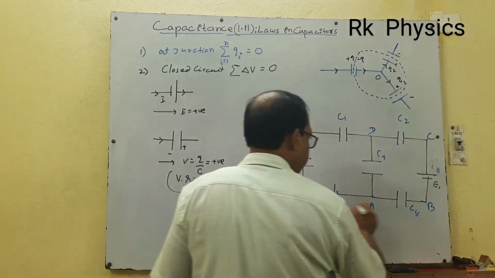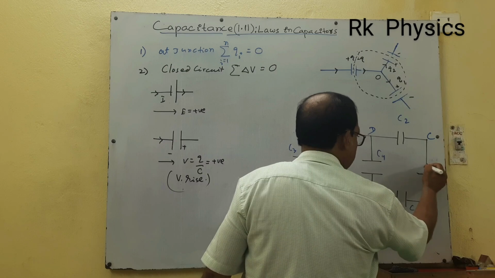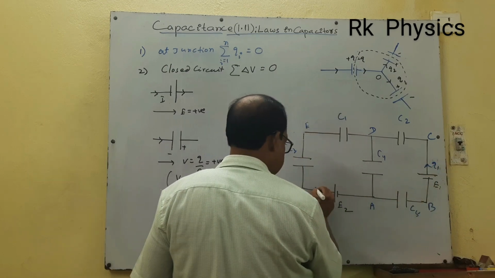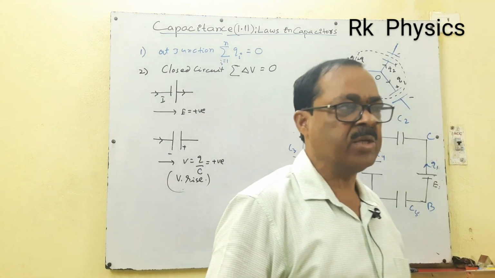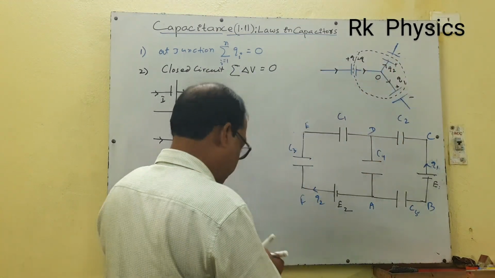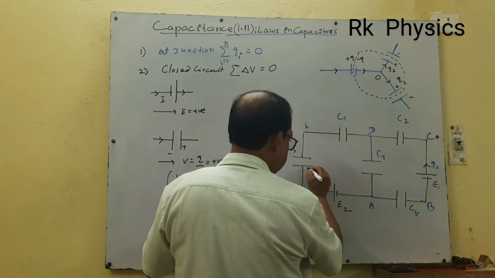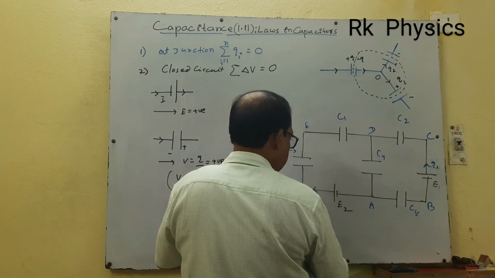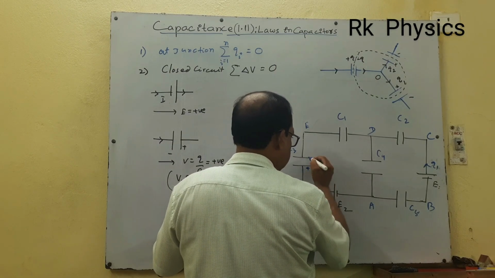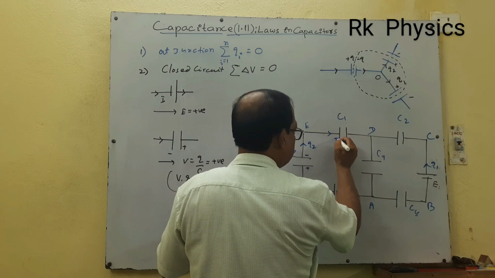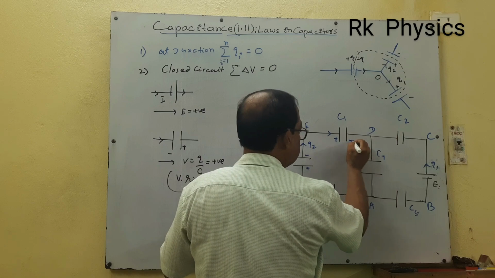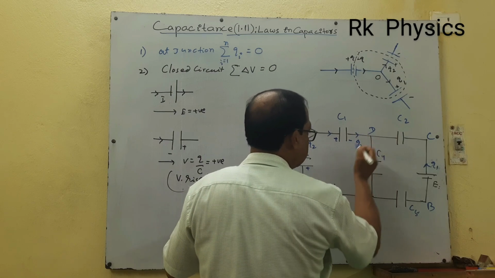Now, let us take cell E1 provides charge Q1, whereas cell E2 provides charge Q2. Both the two cells provide charge Q1 and Q2. Come to this point, that is Q2. Here, this is plus, this is minus, Q2 is moving; this is plus, this is minus, this is Q2.